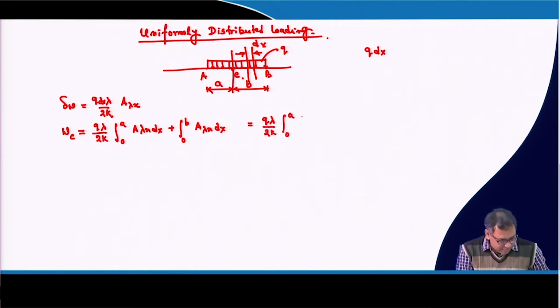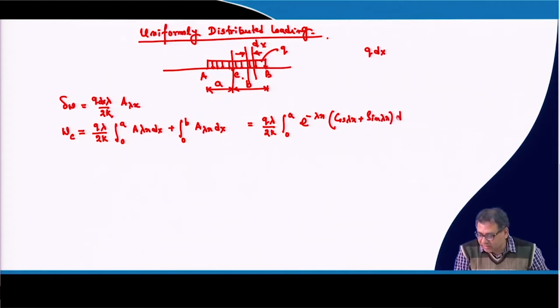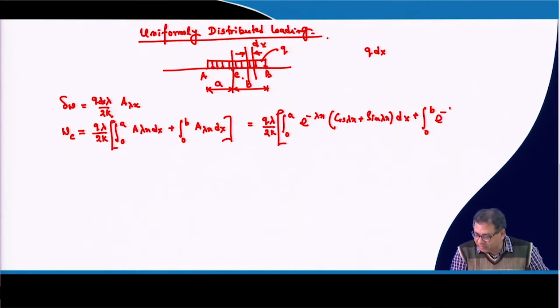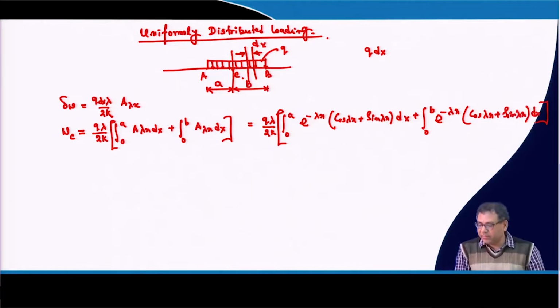to A. Now, A lambda x is e to the power minus lambda x cos lambda x plus sin lambda x, dx, plus 0 to B, e to the power minus lambda x cos lambda x plus sin lambda x dx, then whole third bracket.